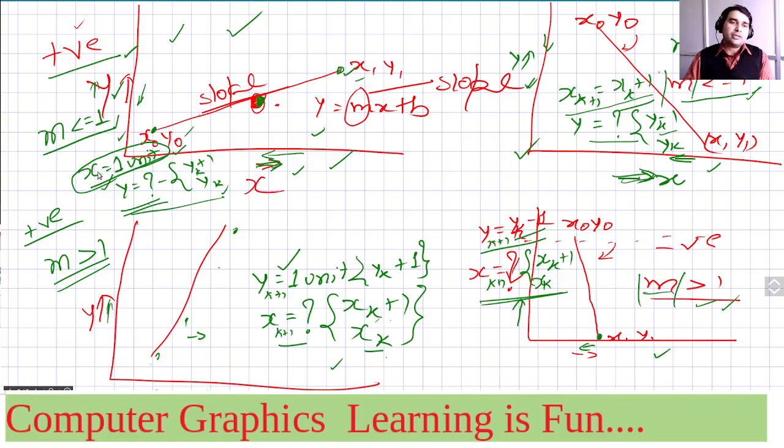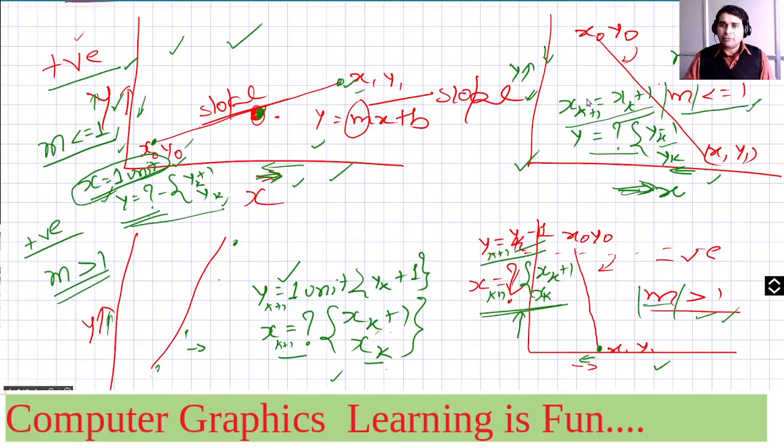Now what you are doing is x minus 1, y minus 1. Similarly here, you were incrementing y and also incrementing x or not. So in that case, you are decrementing x all the time, and decrementing y all the time and trying to find the value of x, whether it should decrease or not.